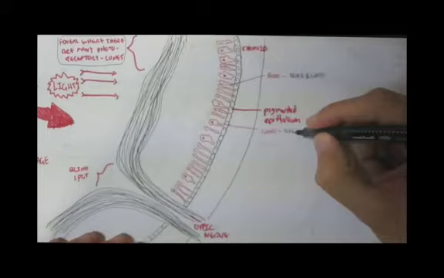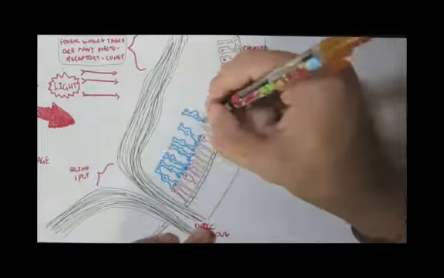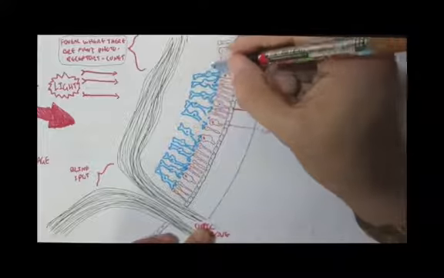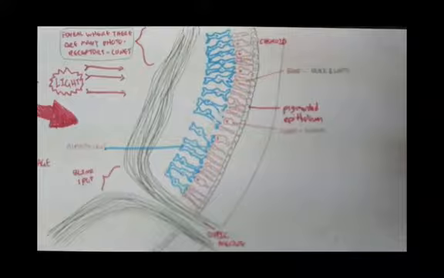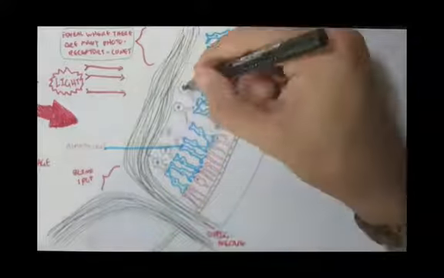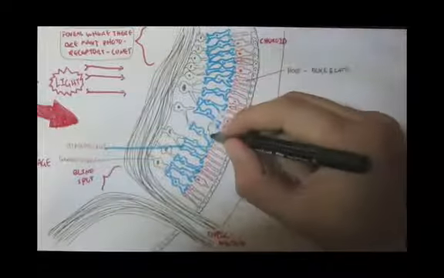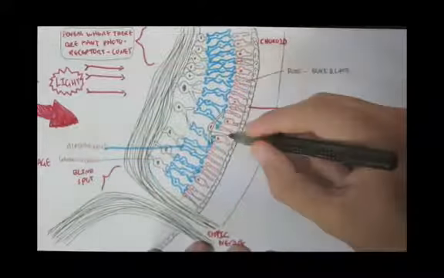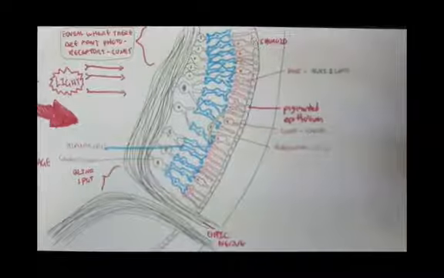Then connected to the rods and cones is another specialized cell called bipolar cells, which processes the information from the photoreceptors to the ganglion cells, which forms the optic nerve, and sends the information to the brain to process as an image. Then you also have these horizontal cells, which help relay signal between photoreceptors.